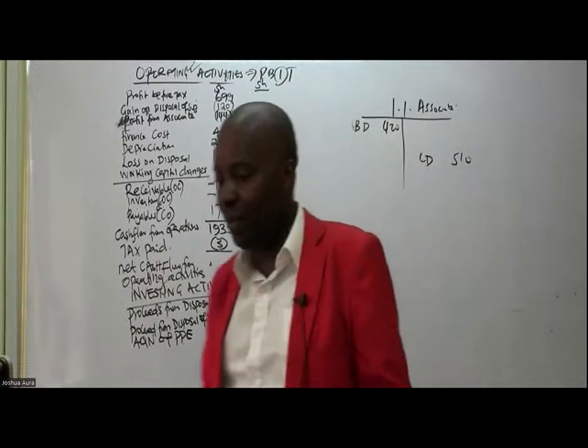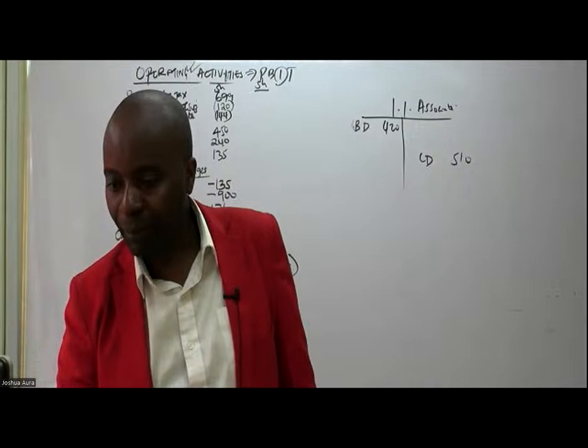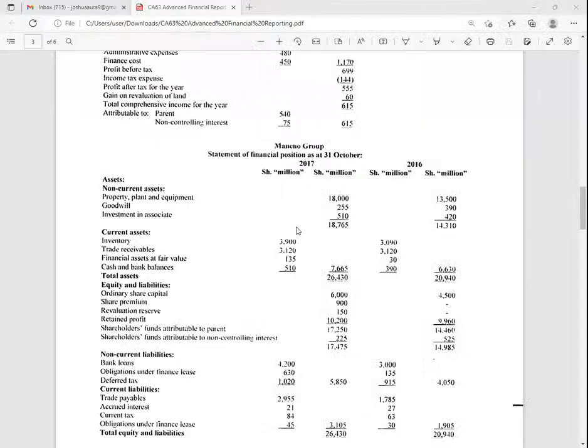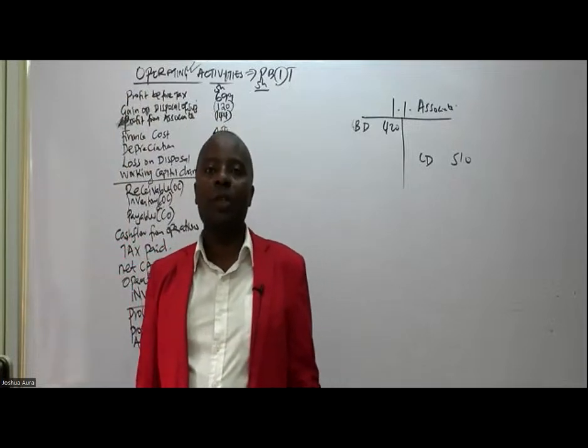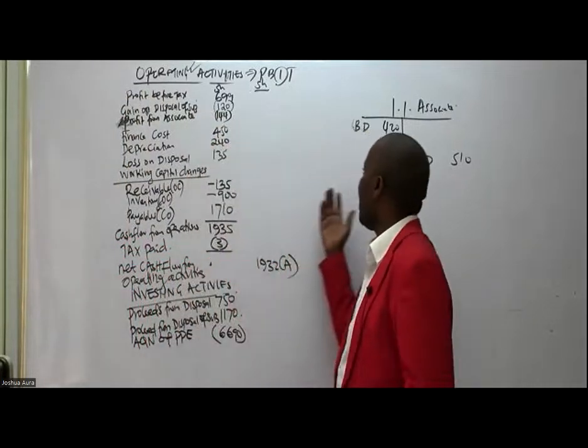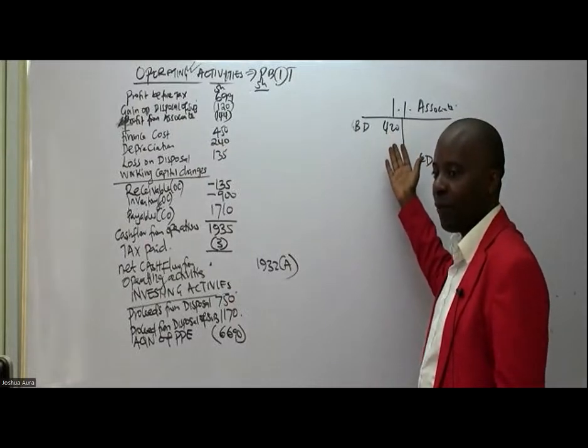It's an asset, remember, so begin with the debit there. Remember that for this associate we are using equity accounting. So when you generate profit, debit this account with the profit you got from the associate.